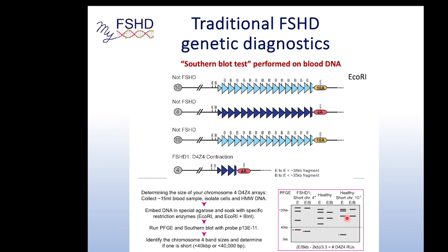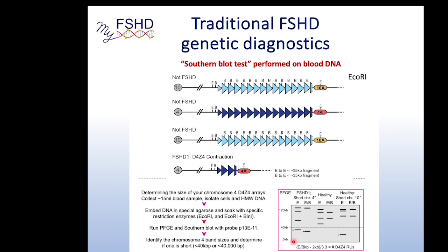All the DNA is going to come out of the gel onto a piece of paper and stick there and stay there, but single stranded, which means G can bind to C and T can bind to A. And so if you know the sequence you want to look for, you then take a radioactive probe and label it, make it single strand, and it will find the specific sequence you're looking for. Expose it to film, and you get an autoradiogram that will show you the sizes of the DNAs that you're looking for.